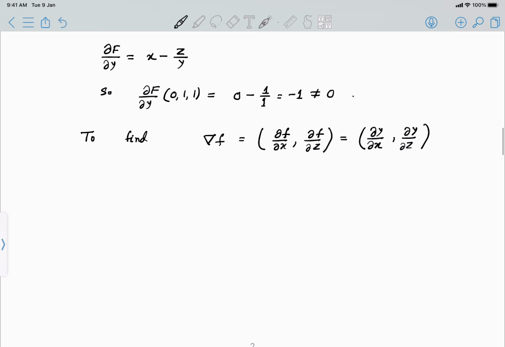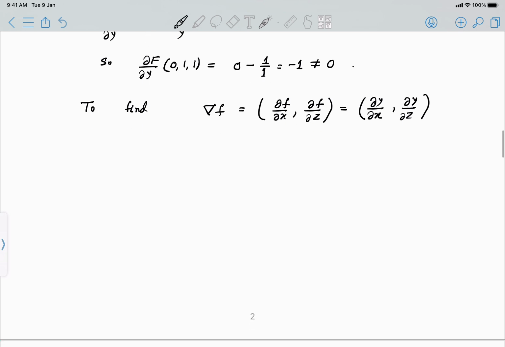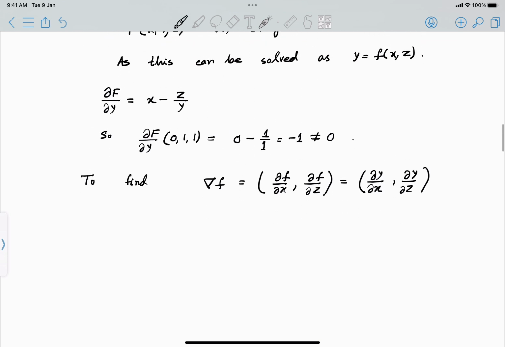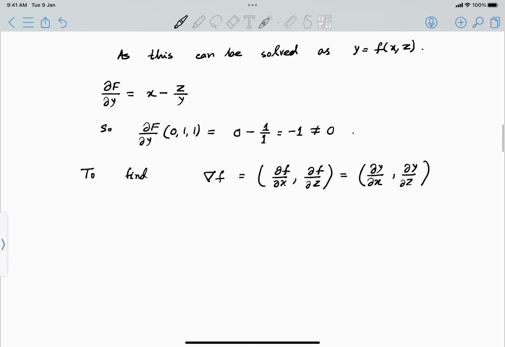Now, let's find what this is. And we also have f of 0 1 1 is 1, right?